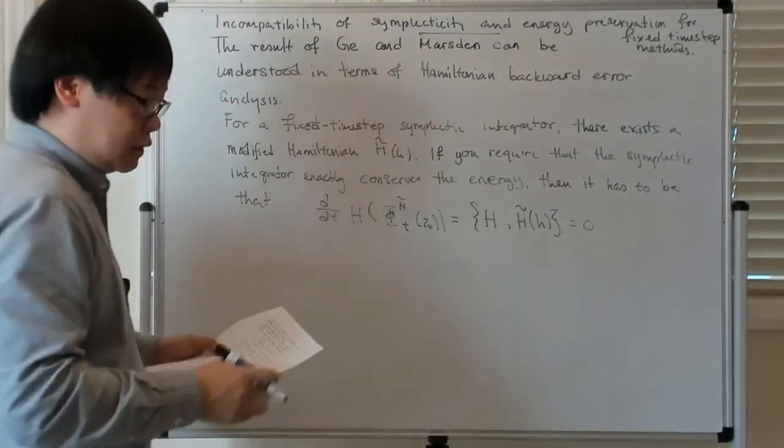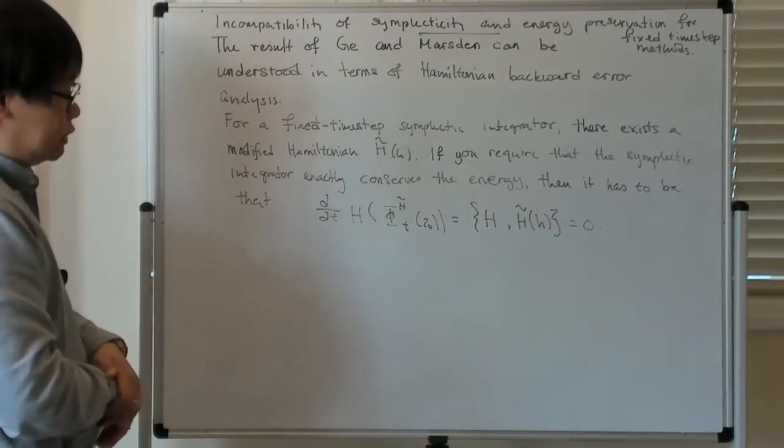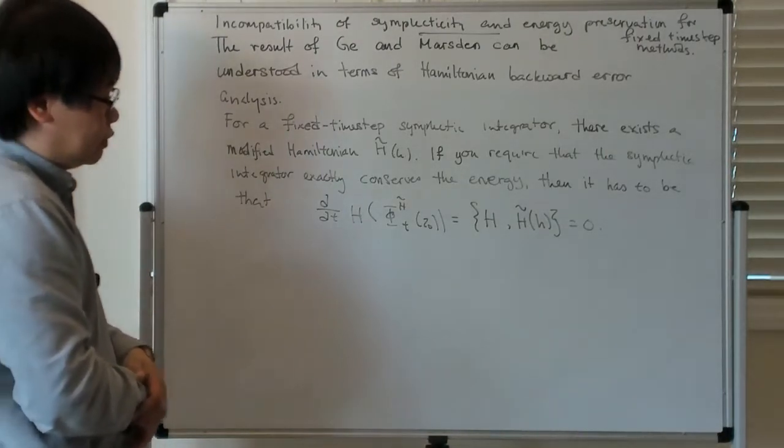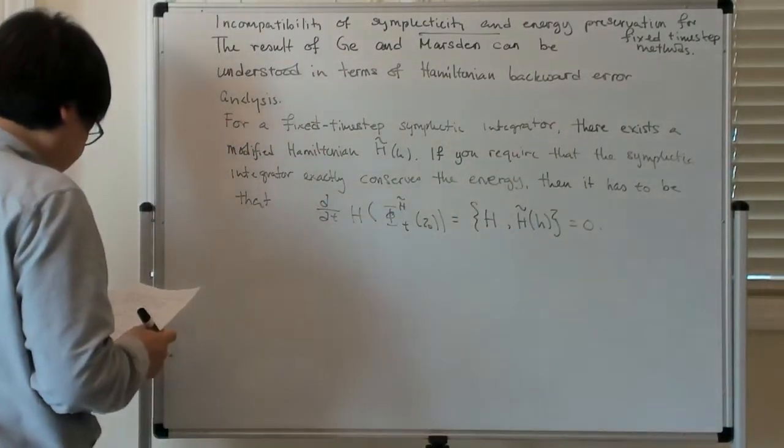So that's what I said, that the only possible way for the symplectic integrator to exactly conserve the energy is for the modified Hamiltonian and the original Hamiltonian to Poisson commute. Okay.